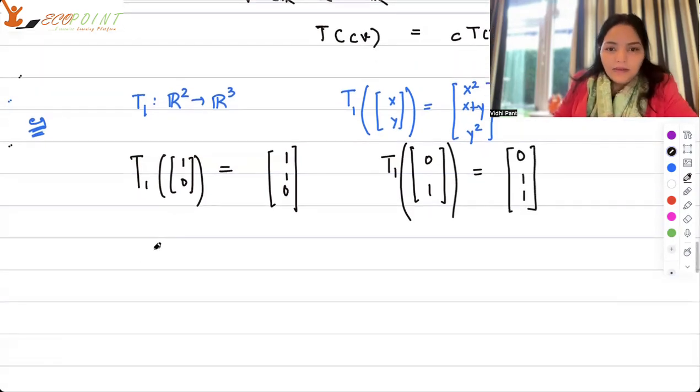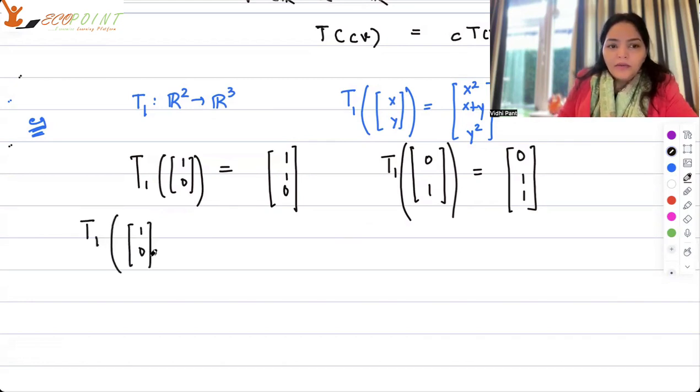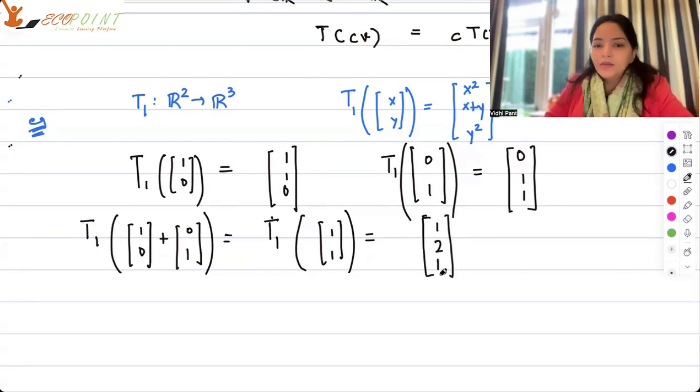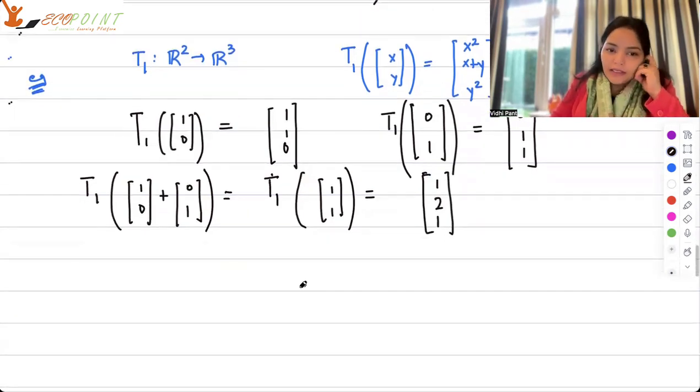Now take T1 of (1, 0) plus (0, 1), that is T1 of (1, 1). You get 1 squared is 1, 2, and y squared is 1: (1, 2, 1).